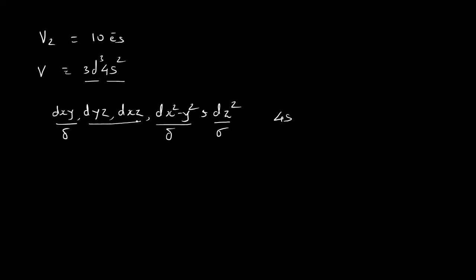The dyz and dxz atomic orbitals are suitable for the formation of pi molecular orbitals, and the 4s orbital is purely involved in sigma bonding.